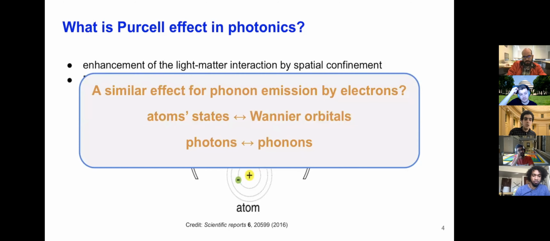Okay. So one can ask, can a similar effect exist for phonon emission by electrons? That is saying, if you replace the atomic states for the electrons by Wannier orbitals of a solid, and instead of photon emission, concern ourselves with the emission of phonons, can we get an enhancement by a more localized confinement?